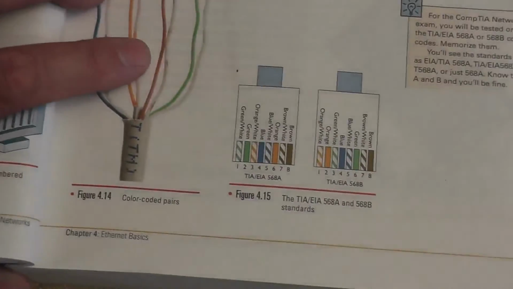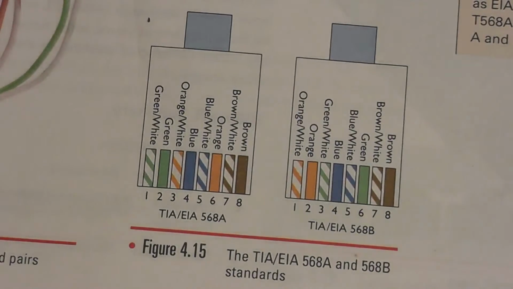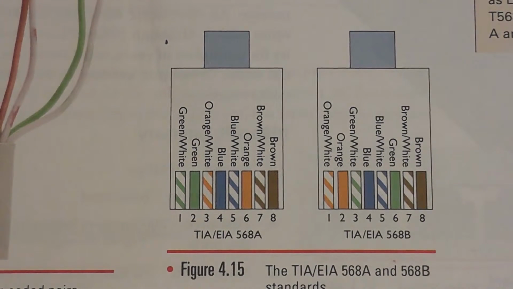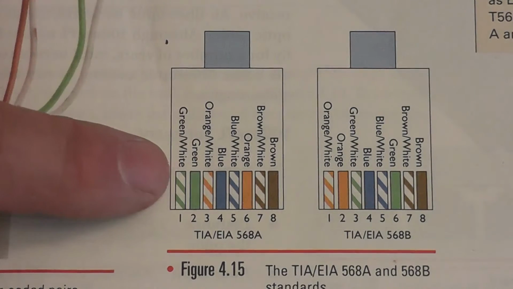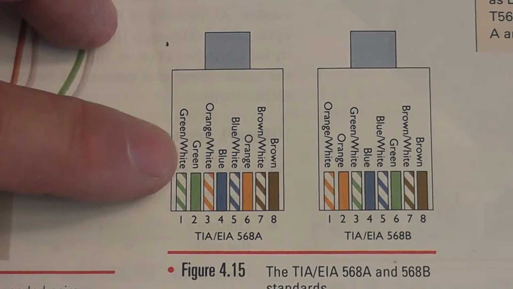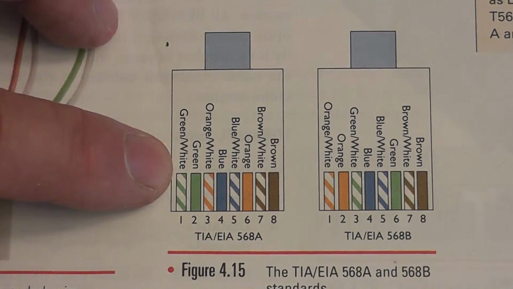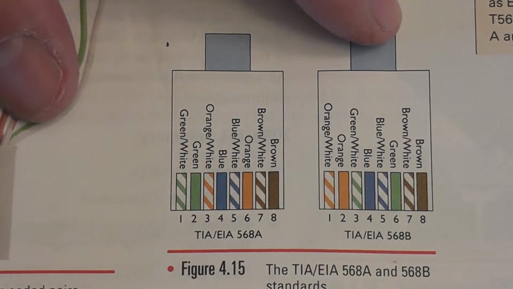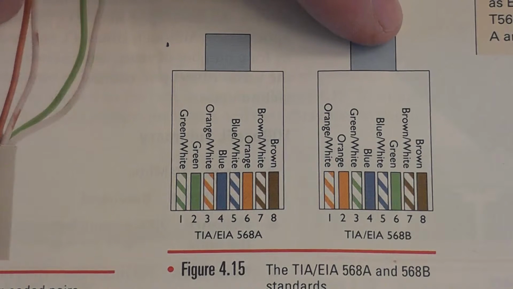The crossover cable is built and used for certain things. It does have a place. How do you make a crossover cable? Easy question. You terminate a cable by putting the plug on one end following the 568A standard, and on the other end you wire it to the 568B standard.